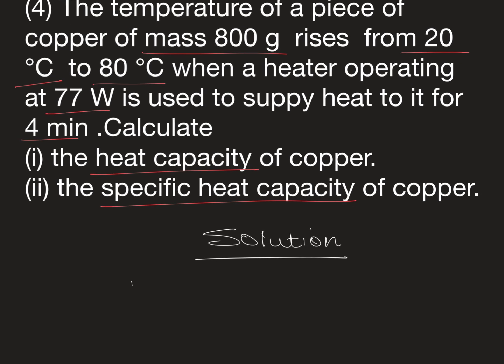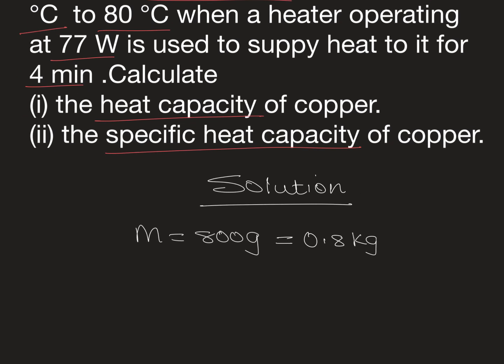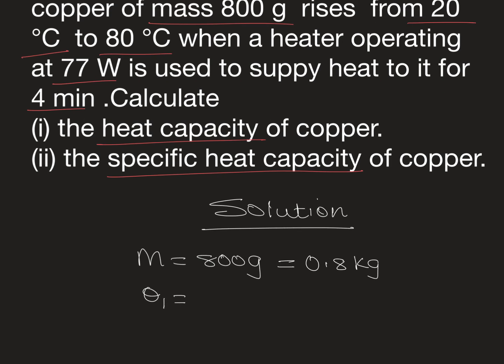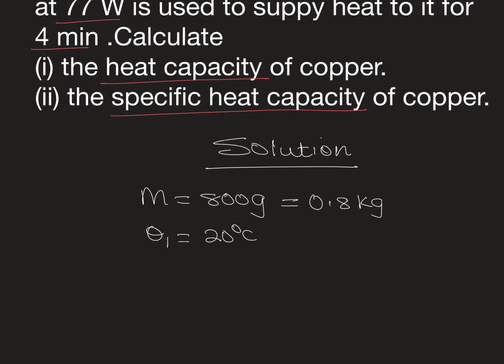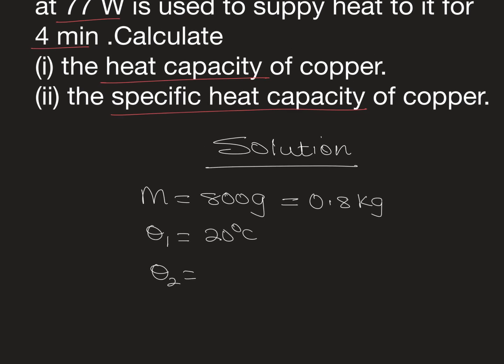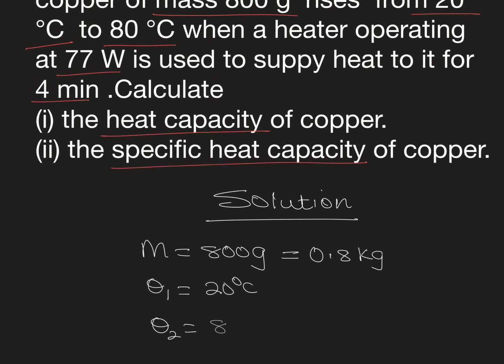We are given that the mass of copper is 800 grams, so that is 0.8 kilograms. The initial temperature, theta 1, is 20 degrees Celsius. The final temperature is 80 degrees Celsius.